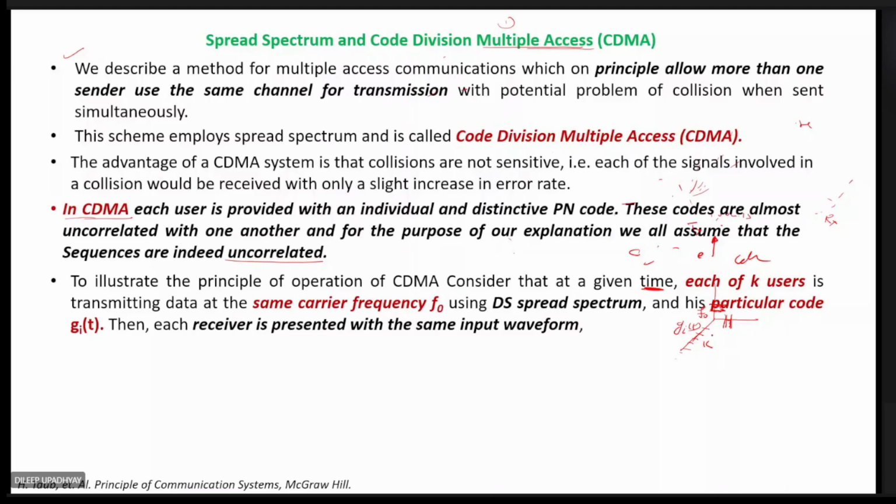That is, different spreading techniques are used. So which spreading spectrum technique can we use? That is DS spread spectrum. That's why I told you that this is nothing but an application of DS spread spectrum. And this particular code, then each receiver is presented with the same. That I will discuss next time.